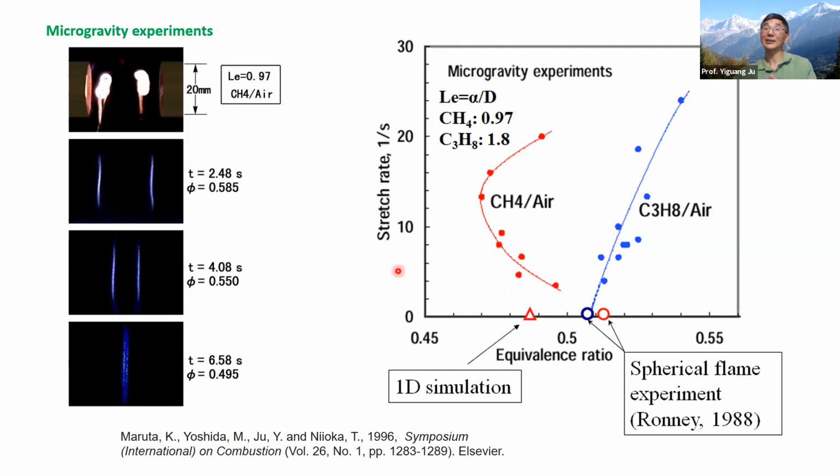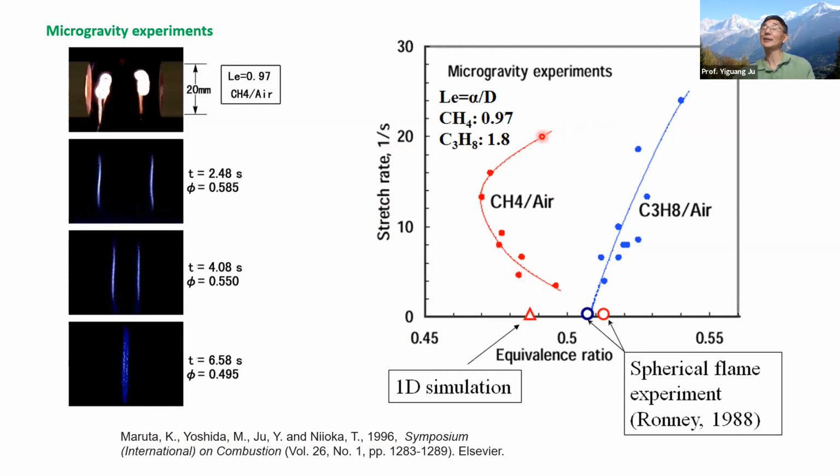You can measure the extinction strain rate as a function of equivalence ratio for methane. And for methane, you can see that if you reduce the equivalence ratio, the extinction limit gets lower and lower, and at a certain point the flame does not exist. But at the same equivalence ratio, you have two extinction limits.